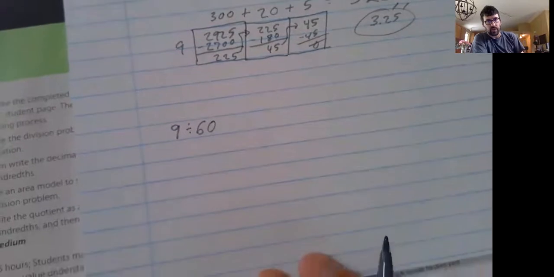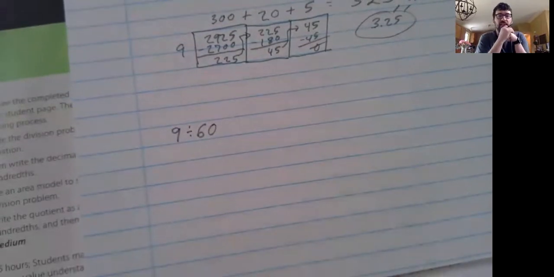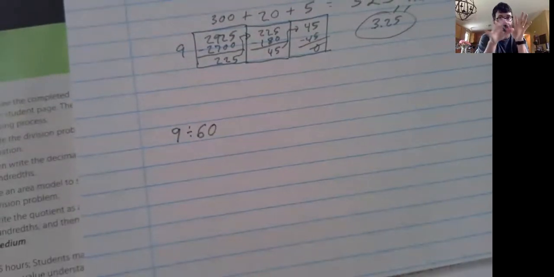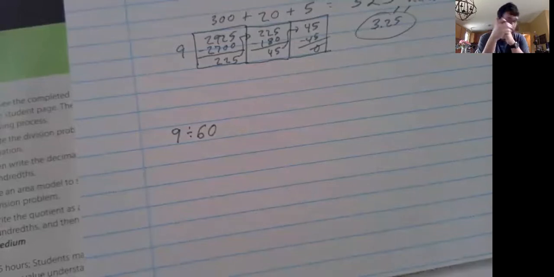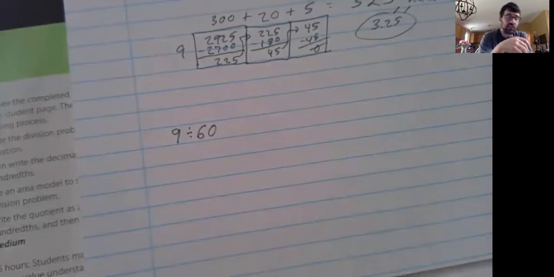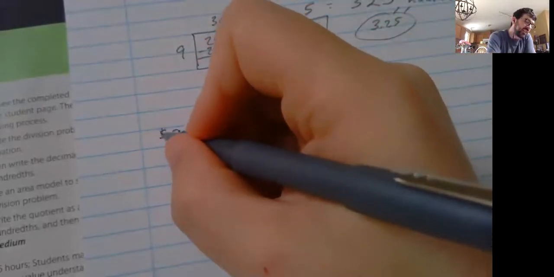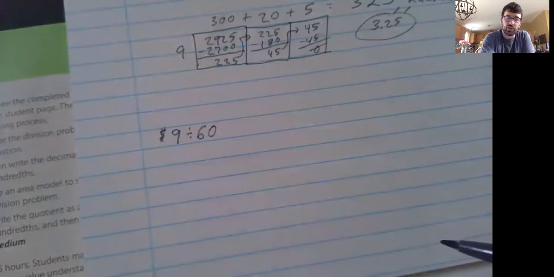So a lot of you, again, a lot of kids always get stuck on things like this. They're like, oh, wait a second, Mr. Swanch, this doesn't work. Because I'm taking 9, I'm dividing it by a number that's larger. Well, yes, you are. You're going to get a number that's going to be smaller than 1 whole. I like using money because money is easy to convert to decimals because we're used to doing it.